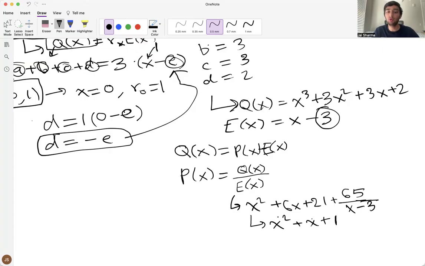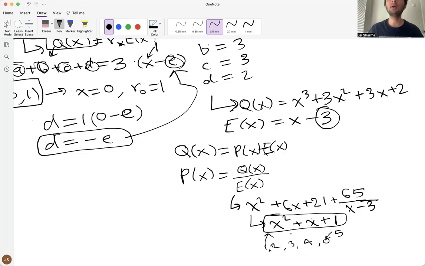And then in order to find out what the actual message was, all you need to do is substitute 1, 2, 3, 4, and 0 (0 is the same as 5) into this and find out what the message is. And that ends up being 3, 2, 3, 1, 1. I think that's the answer, yeah. So that is the actual message that was supposed to be sent.